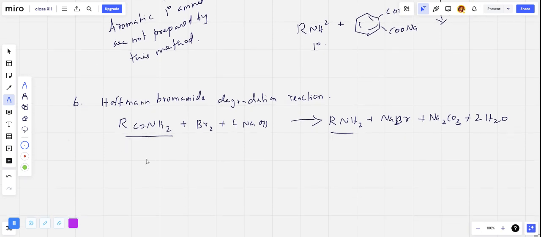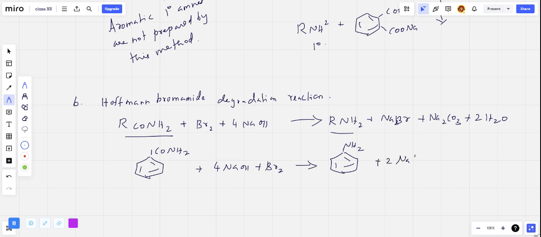The same way we can write for aryl amide, aryl CONH2 with NaOH and Br2, so we will get aryl amine. Everything will be the same for this also: NaBr plus Na2CO3 plus water.